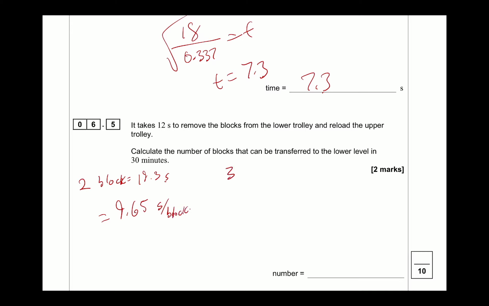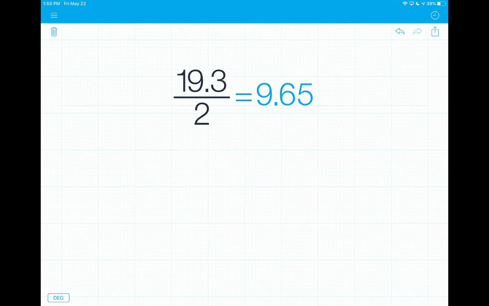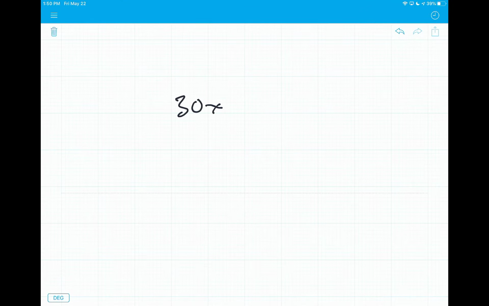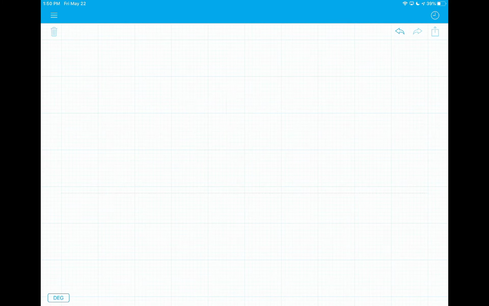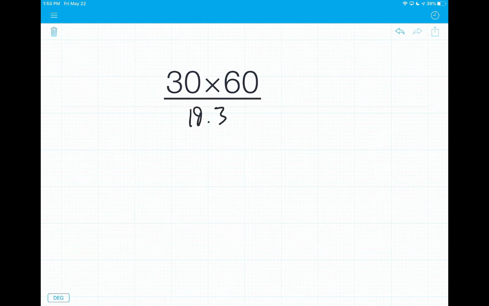So now I go 30 times 60 divided by 9.65. Or actually, what I should do, because they do come in blocks of 2, is 30 times 60 divided by 19.3.